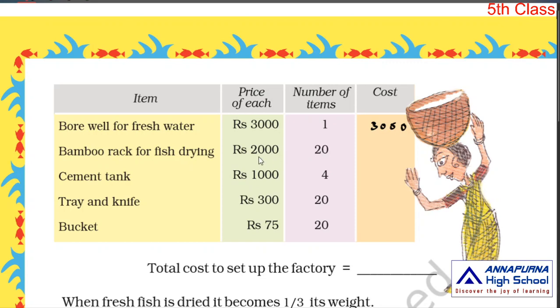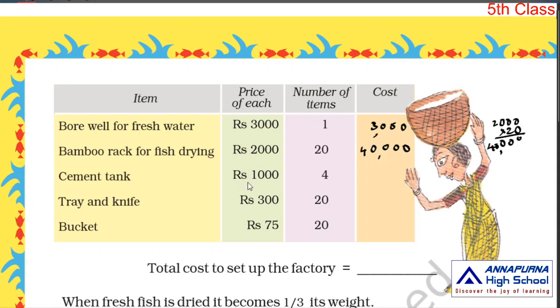That means you multiply 2000 into 20. We know the multiplication: 20 zeros are 0, 20 zeros are 0, 20 twos are 40. That means what is the cost? 40,000 rupees.